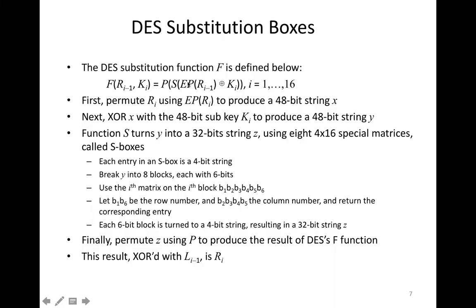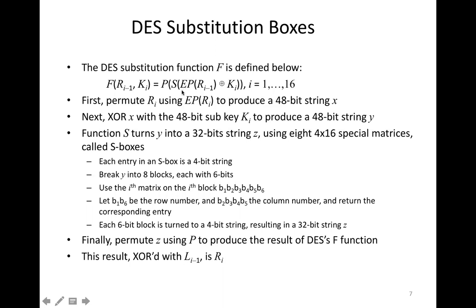This EP is responsible for turning a 32-bit input into a 48-bit output because your key length is 48 bits. So this is expansion and permutation.